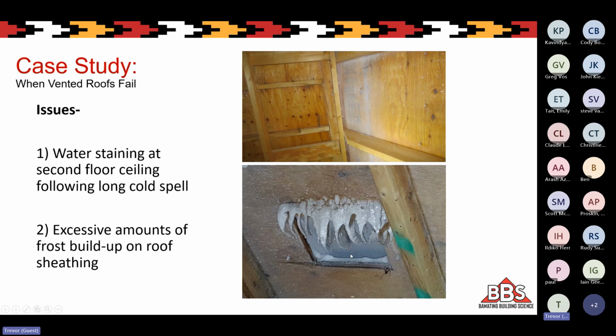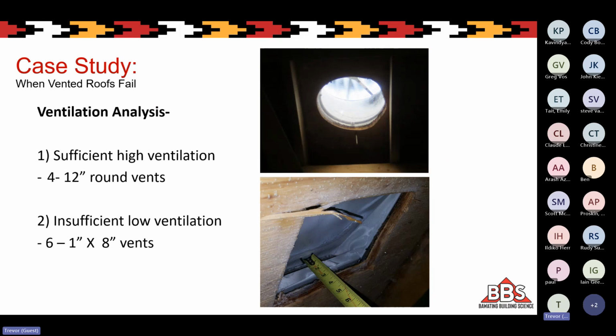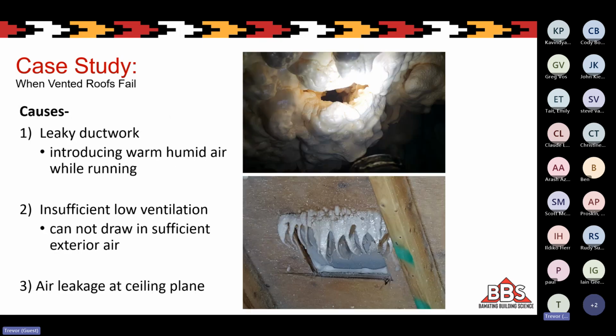They don't have nearly enough net free area anyways, but also they're not bringing in fresh air. So we did a quick ventilation analysis. How much ventilation was there? It turns out that there was sufficient high ventilation to meet code, but insufficient low vents to meet code. So that was the first thing that came up as an issue.